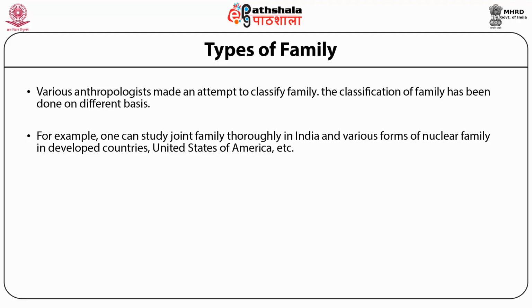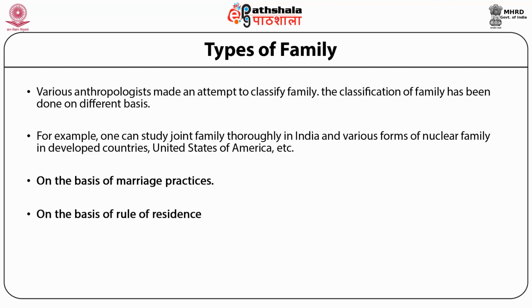However, the classification has been done on the following basis. First and foremost is on the basis of marriage practice. Second, on the basis of rule of residence. Third, on the basis of size, structure and composition.